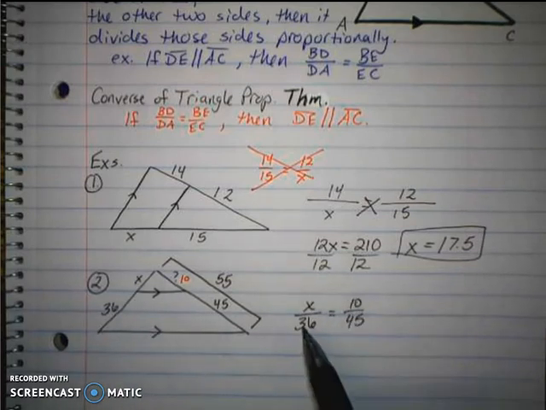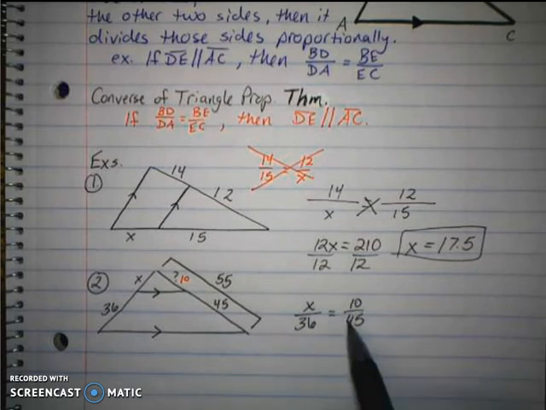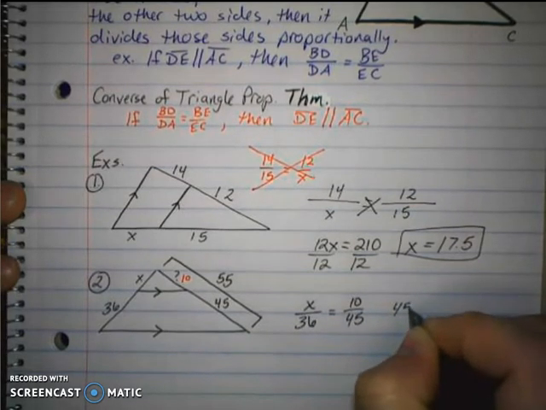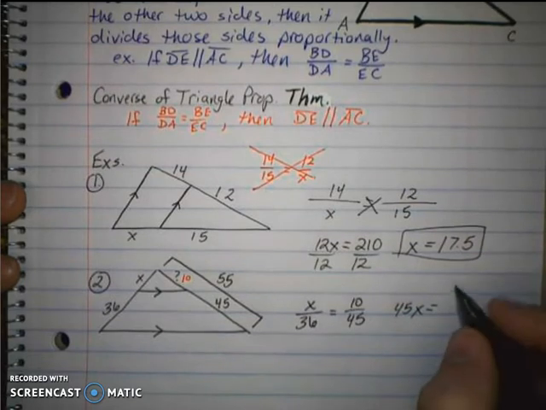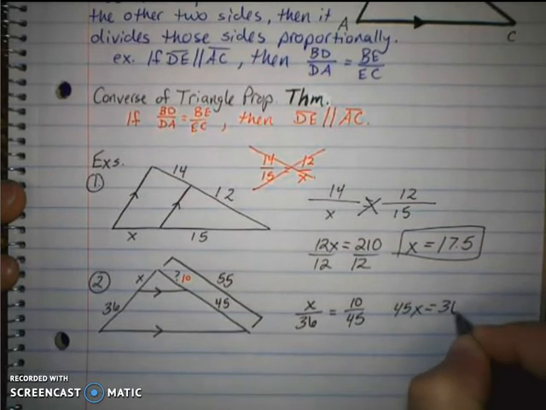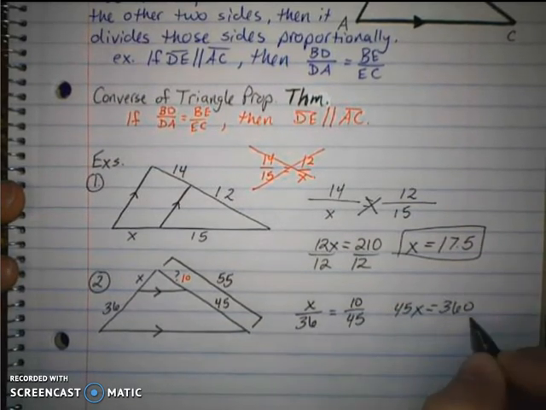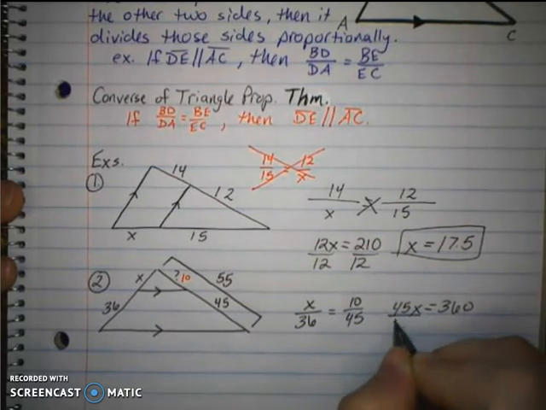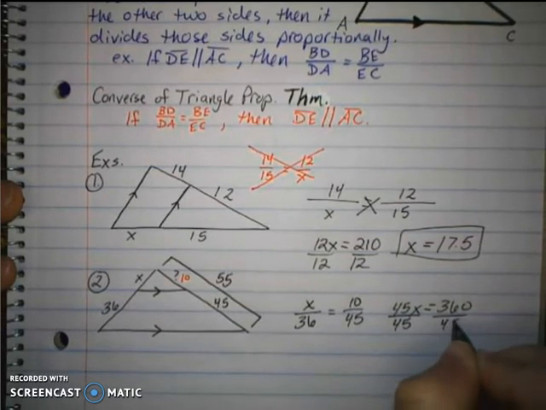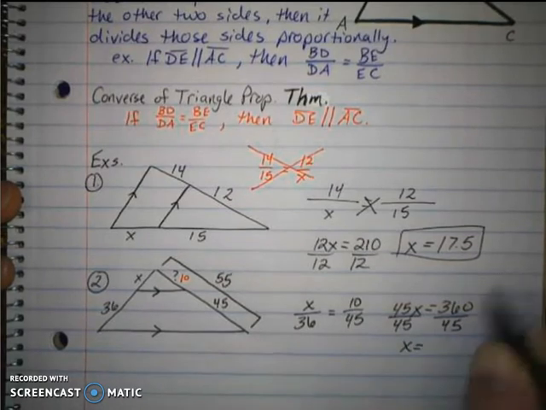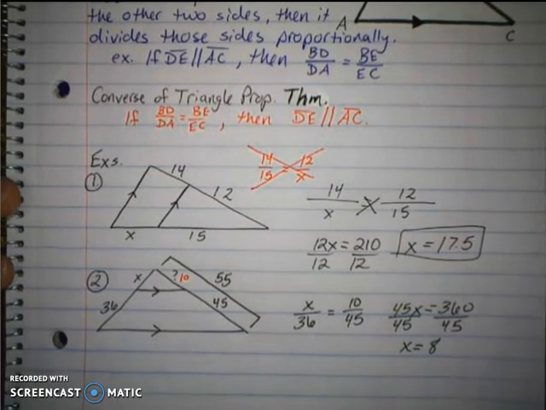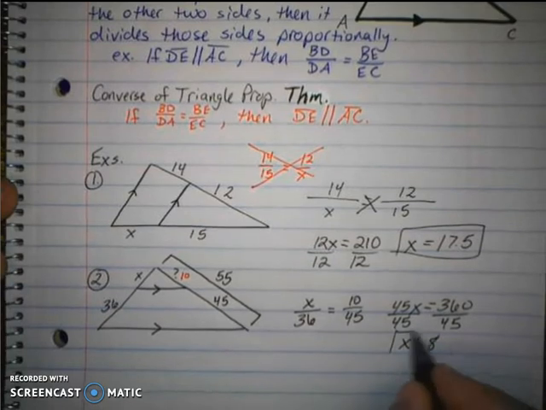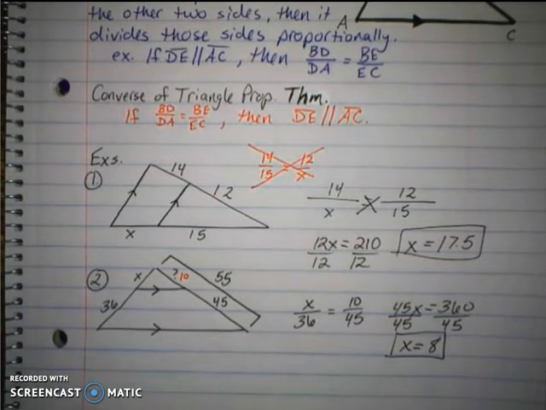Either way, you're going to end up multiplying 36 and 10 and x and 45. Times 10 is 360, and this is 45x. Divide both sides by 45, and x is 8. Okay? So that is all based on the triangle proportionality theorem.